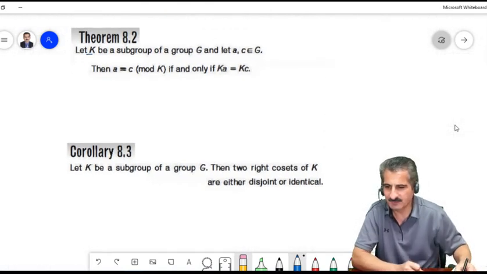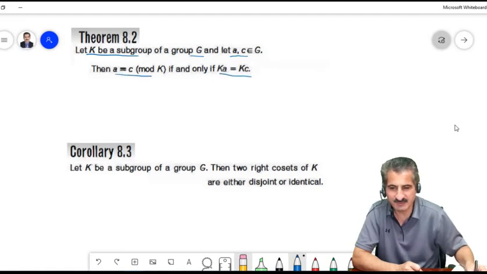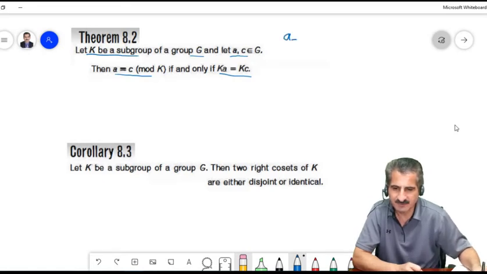If we have a subgroup K of G, and two elements in G, then they are congruent if and only if they give the same equivalence class. So I would like to write it here again. A and C are congruent modulo K. That means they give the same equivalence classes. The equivalence class of A is the same as the equivalence class of C.